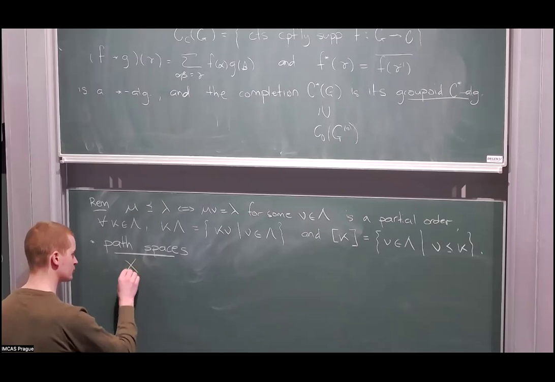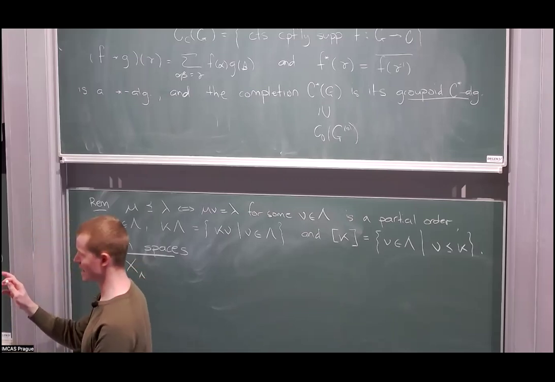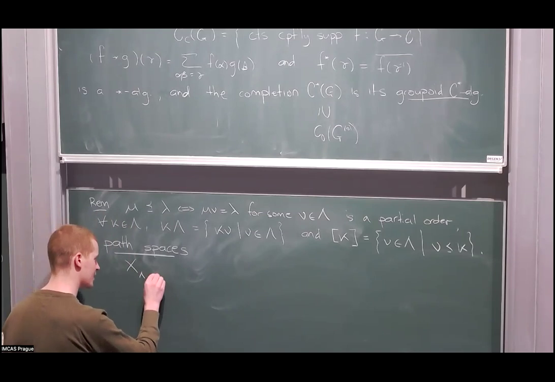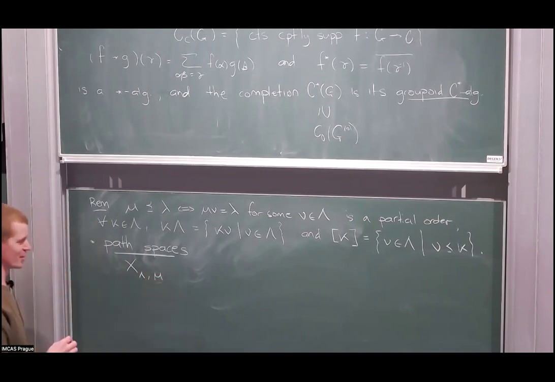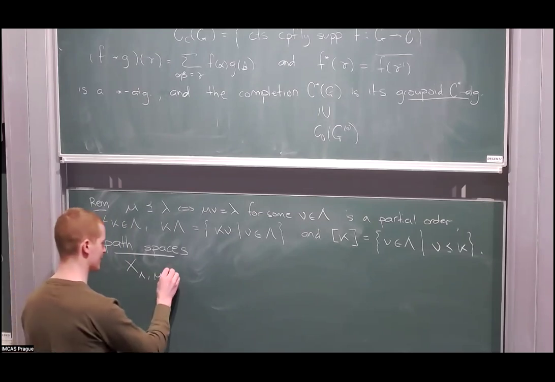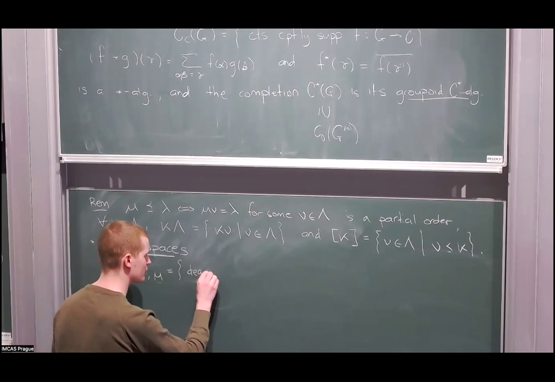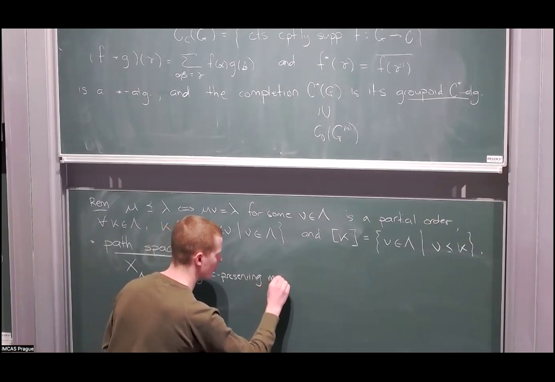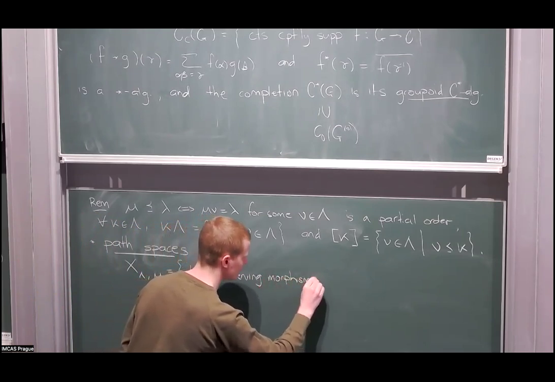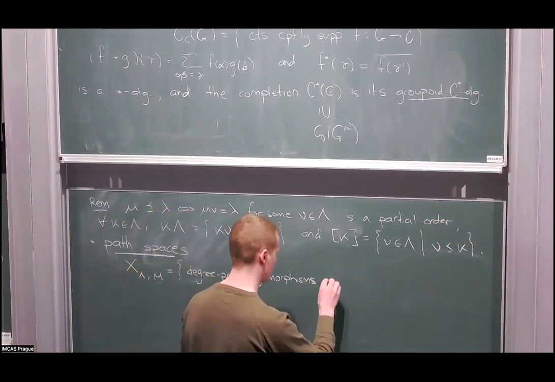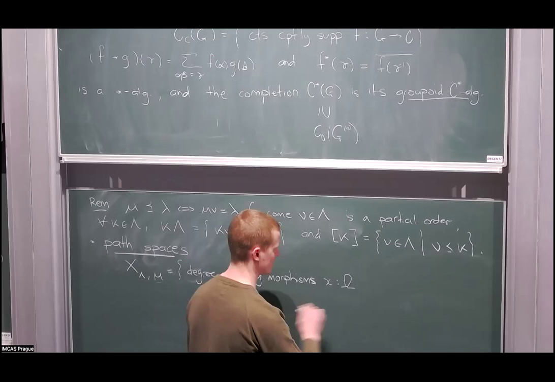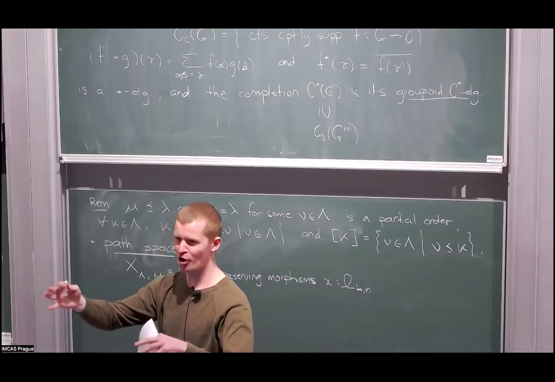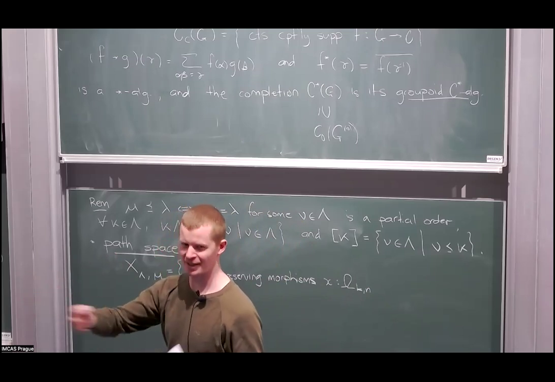So one way, using our omega k n k-graphs that we looked at over here, is to say that the path space of lambda, and I write an m also in the subscript for morphism, is a set of degree preserving morphisms x taking some omega k n, some sort of template of a path that's n long in k dimensions.